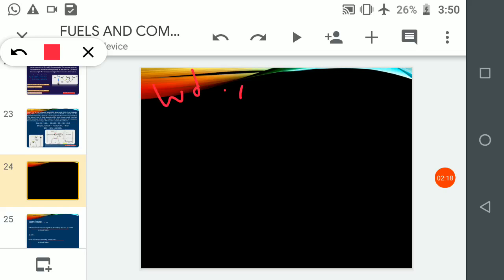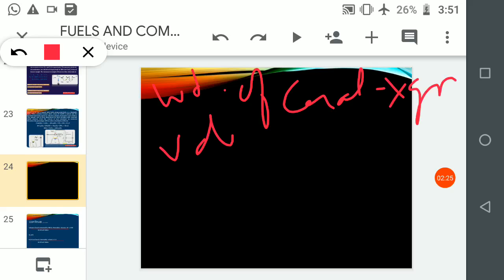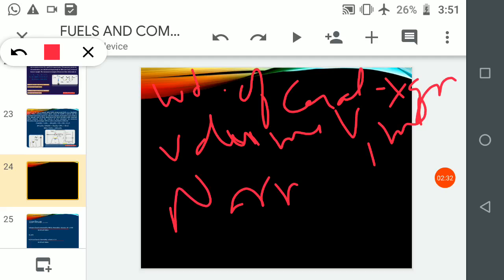Weight of coal sample is x gram. Volume of acid is V1 ml. Normality is N1.